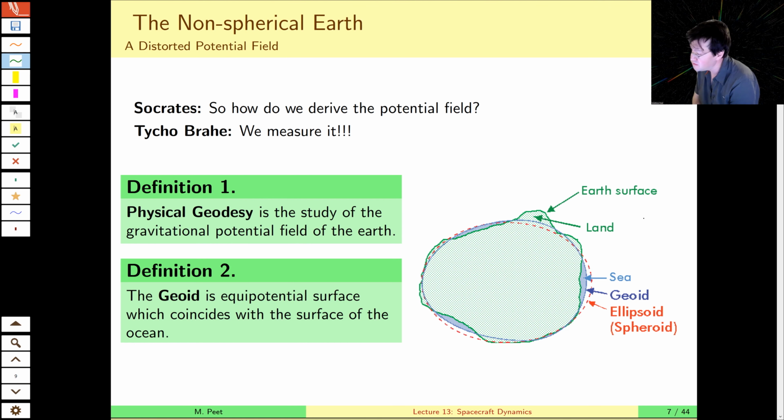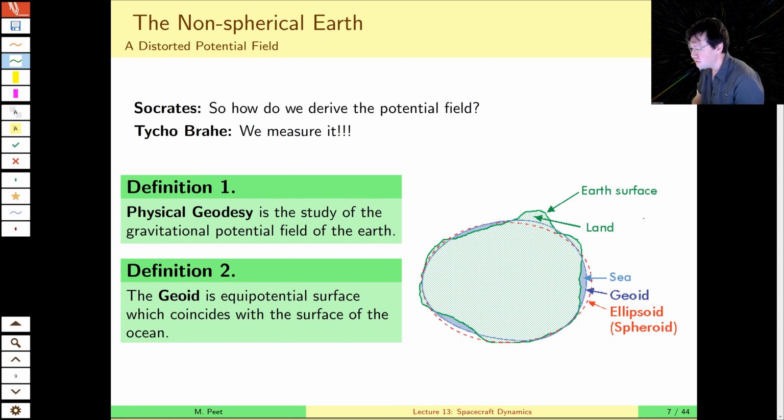So how do we account for this non-spherical Earth? We could hypothesize things, like the Earth is slightly distorted due to its rotation, the effect of the moons, and all sorts of things. But in truth, the gravitational potential energy, the density, the distributions of land mass, all of these things are much too complicated for anyone to theoretically derive.